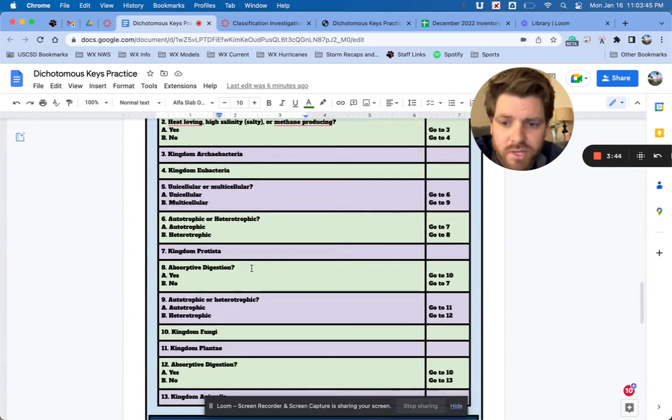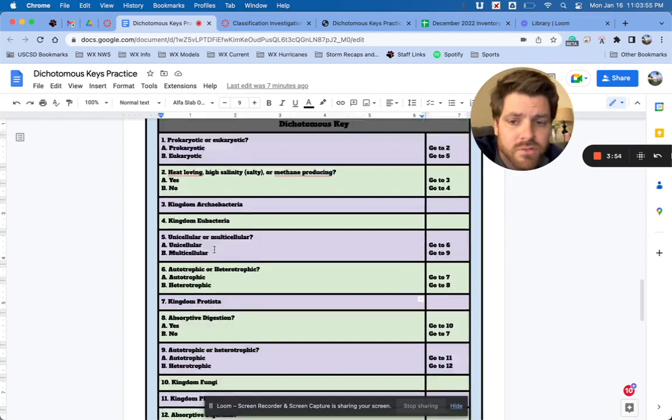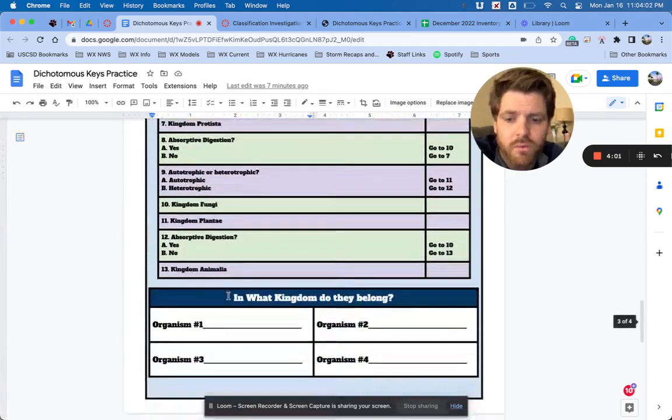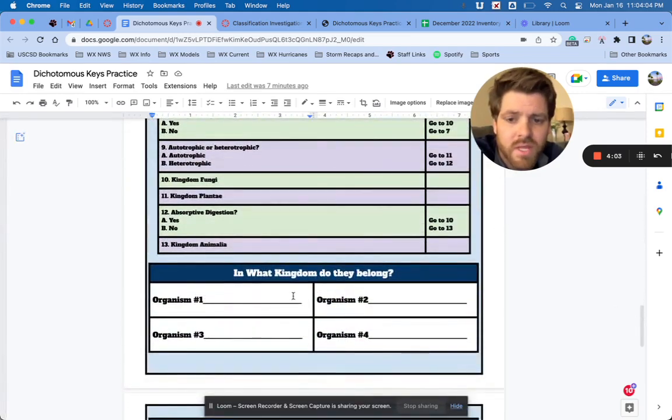So we'll go back down, check out, is it autotrophic or heterotrophic? Autotrophic tells me that I need to go to step number seven, which tells me that the kingdom of this one right here is Protista. So all we have to do is write down that organism number one is in the kingdom Protista.